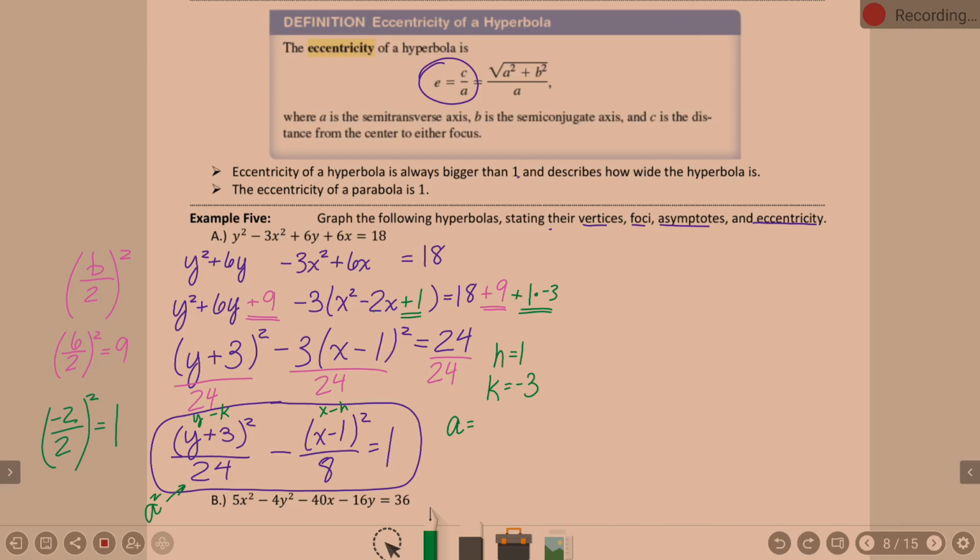So A is going to be the square root of 24. Are we good? So do we have to simplify on those? I'm trying to make sure everyone's with me. And this is where I need to hear the questions if you're not with me. Okay. A is the square root of 24. What is that simplified? 2 square root of 6. Yeah, the square root of 24 is 4 times 6, and the square root of 4 is 2. So it's 2 square root of 6.